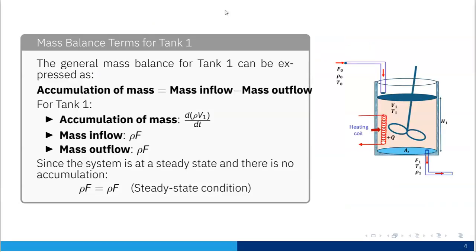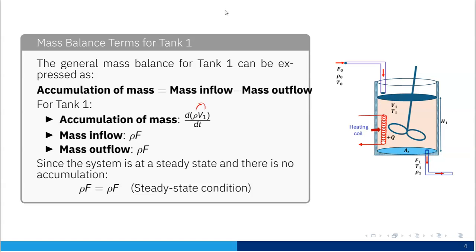Now first we have to do the mass balance for tank 1. The general mass balance can be expressed as accumulation of mass equals mass inflow minus mass outflow. For tank 1, accumulation of mass is d/dt of rho V1, where rho is the density and V1 is the volume of the tank.